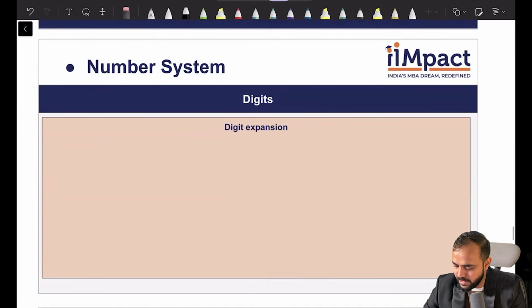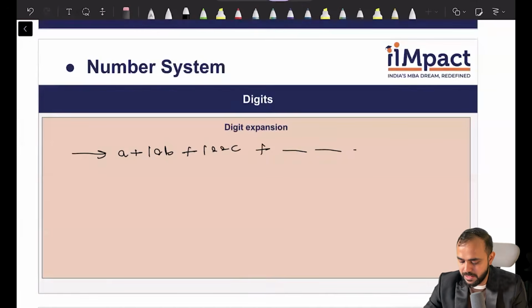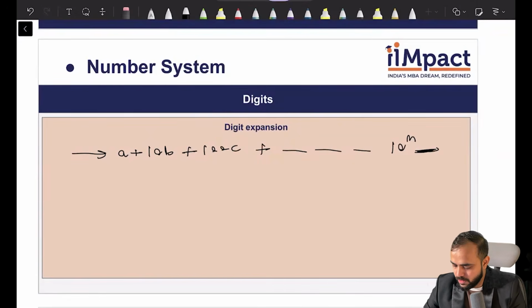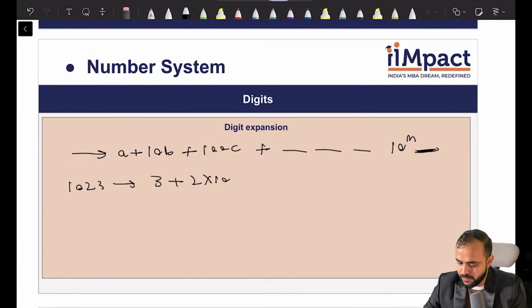A number is represented as a plus 10b plus 100c plus, basically, 10 to the power n into the digit in that position. So 1023 is actually 3 plus 2 into 10 plus 0 into 100 plus 1 into 1000. This expansion gets used quite a lot.